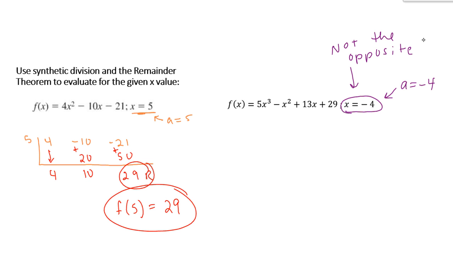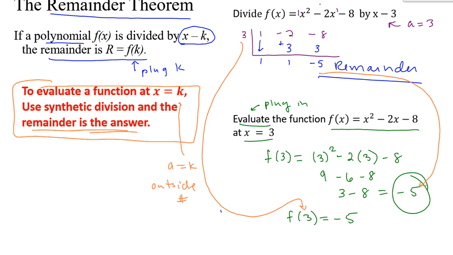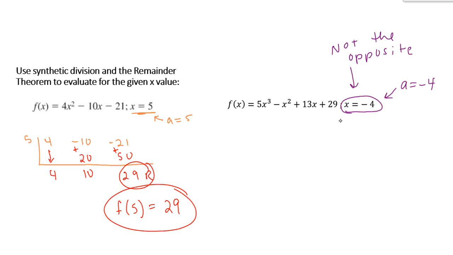There was no equal sign involved. With the equal sign, you do not have to do the opposite. So right here, it is not the opposite. Okay, back to here. So negative 4 goes on the outside.